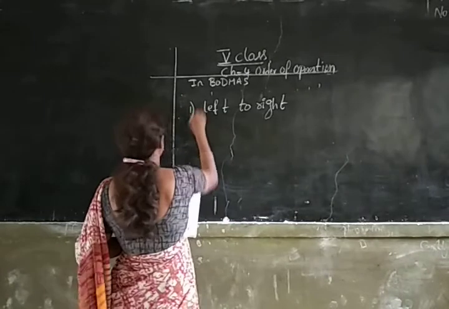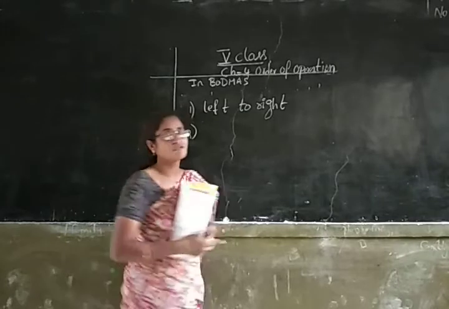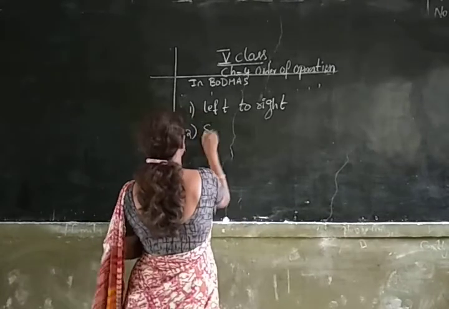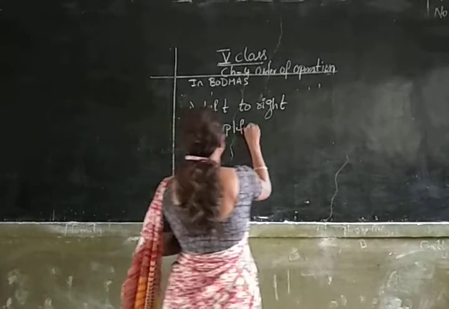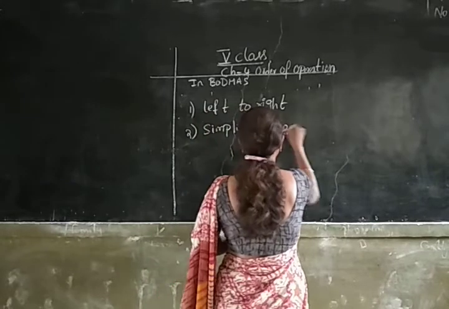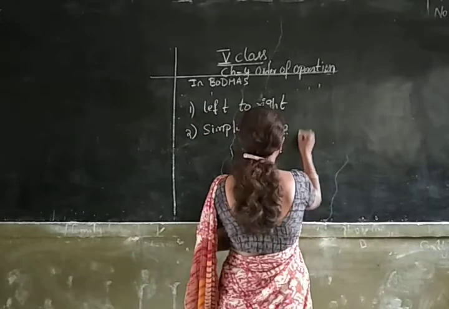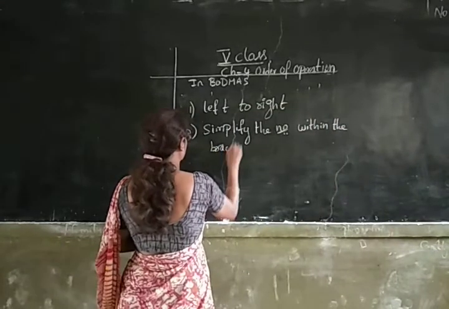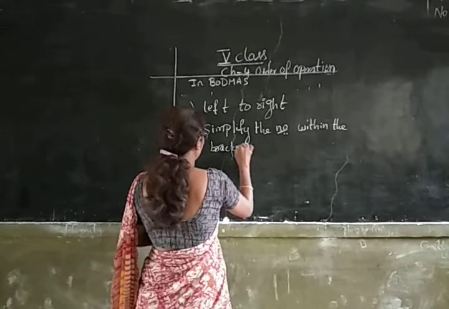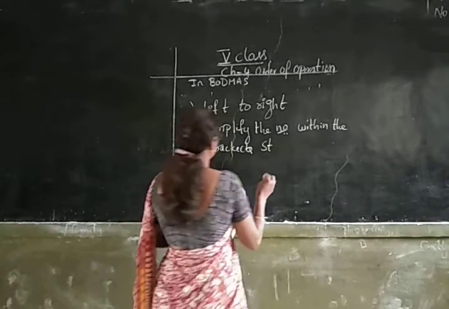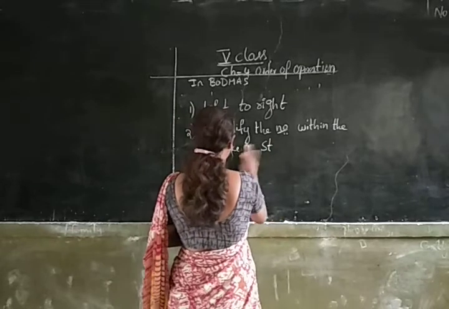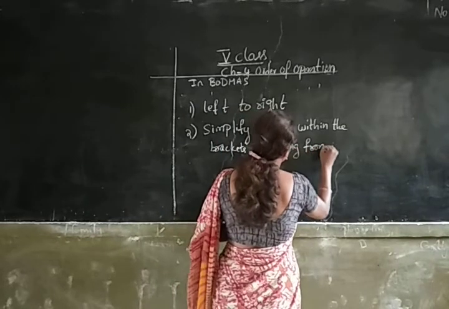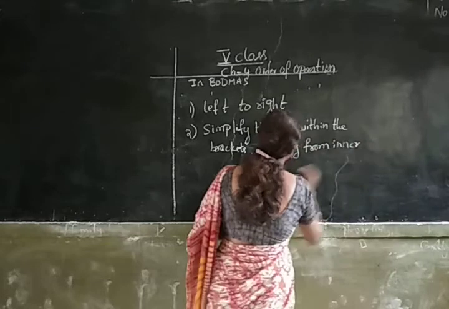Okay, children? And the second rule is, you have to first simplify the numbers within the brackets, starting from the innermost bracket.